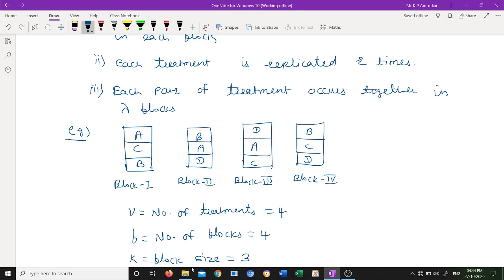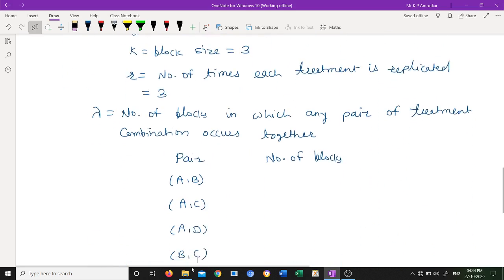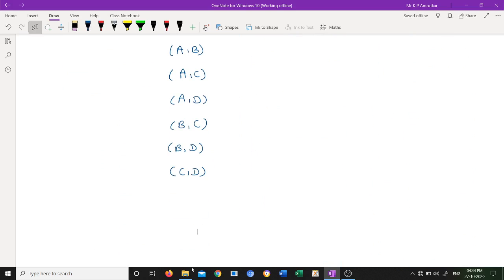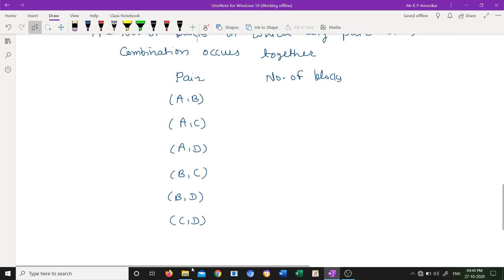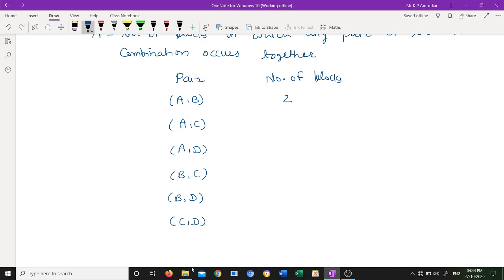Take any pair, suppose AD. AD occurs in block 2 and block 3. All these pairs occur in 2 blocks. So lambda is 2. AB occurs in 2 blocks, AC also occurs in two blocks, so every pair occurs in two blocks.